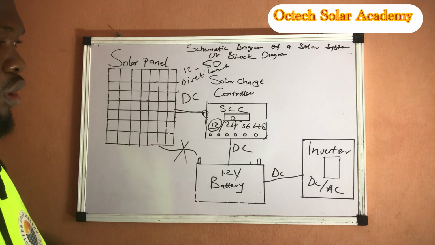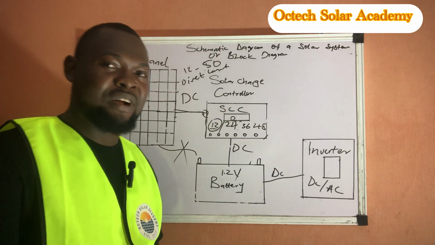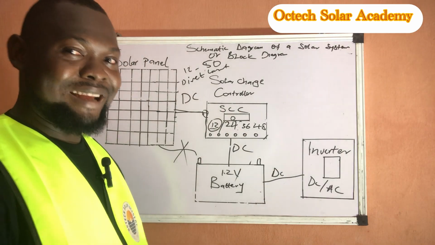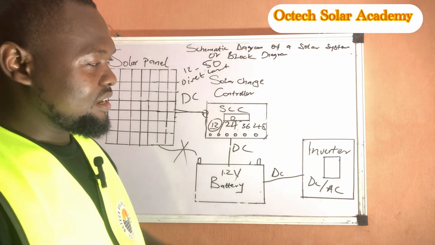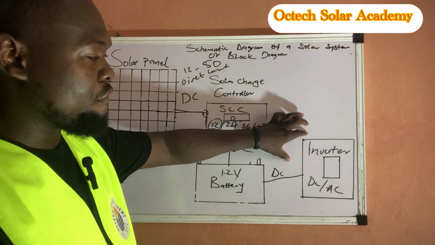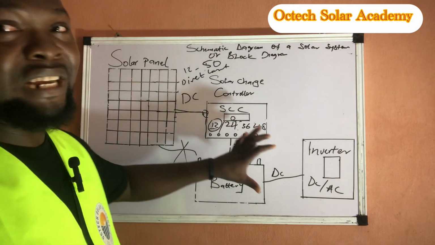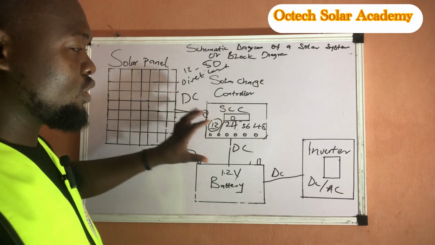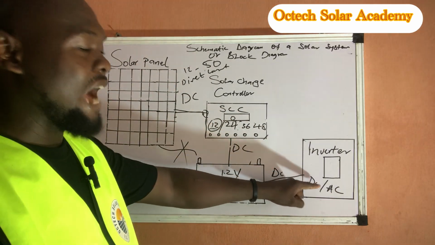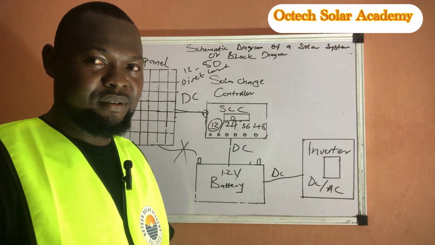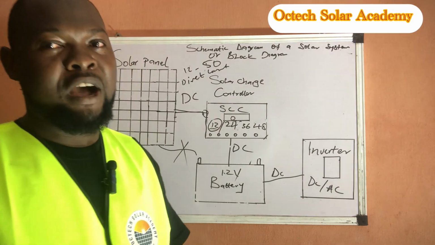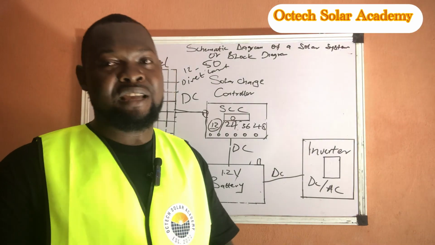Now, what is the work of the inverter? It is not the least. The work of this inverter is to convert all this energy being generated from the sun into alternating current, which is AC, because most of our conventional appliances are AC appliances.